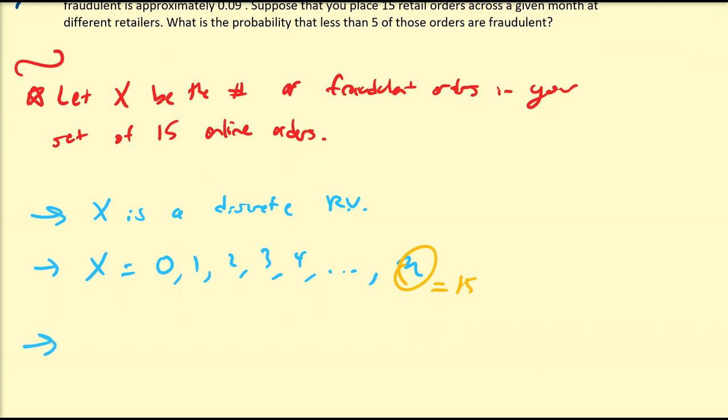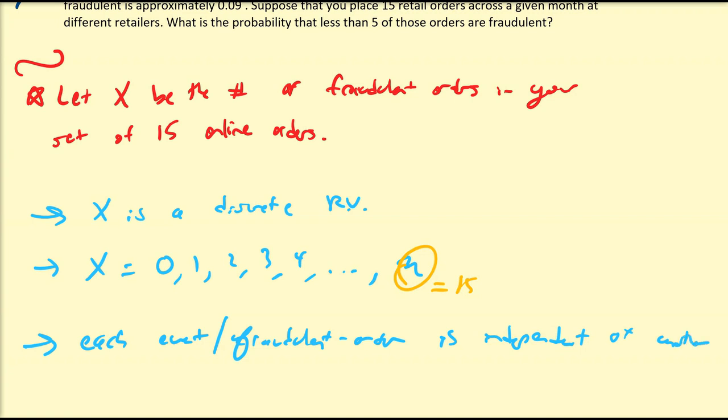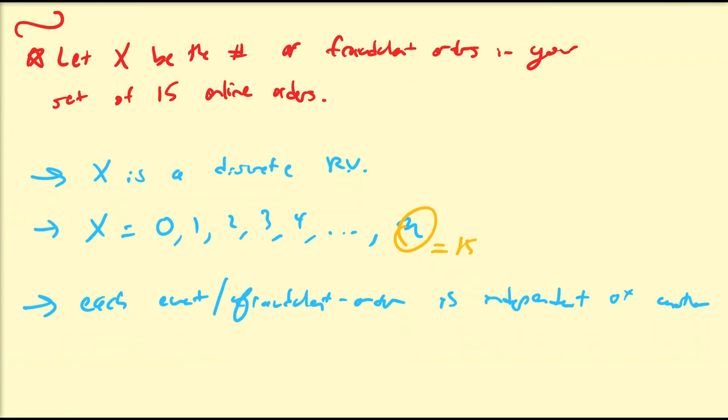And we're also going to assume that each fraudulent order is independent of another. So if we know these things, and let's assume the probability that this order is fraudulent is known, in this case it's given to be 0.09.